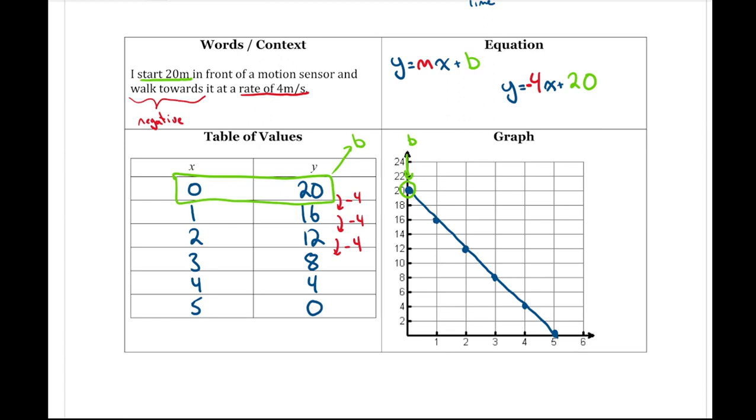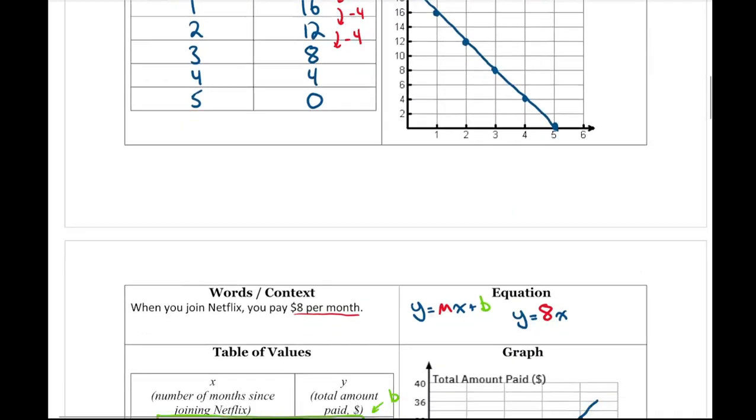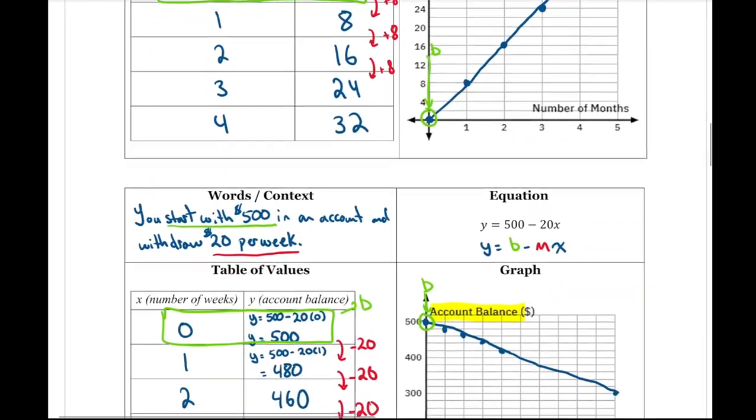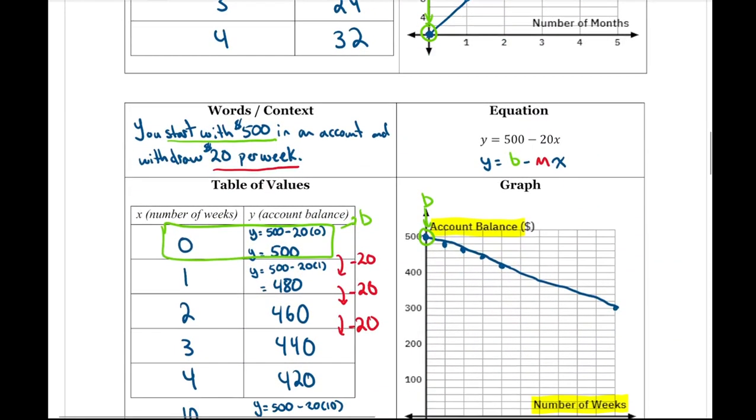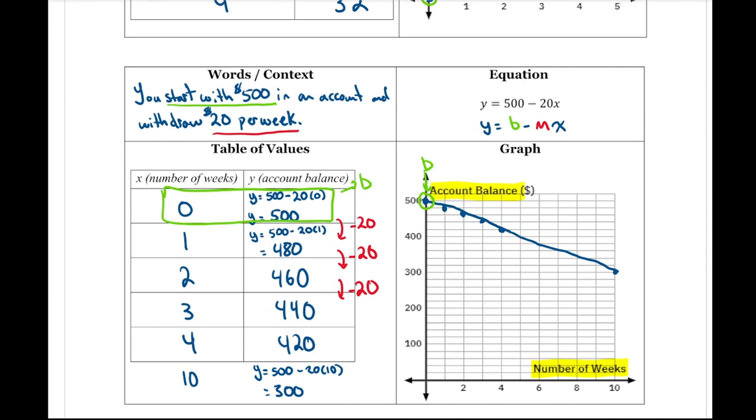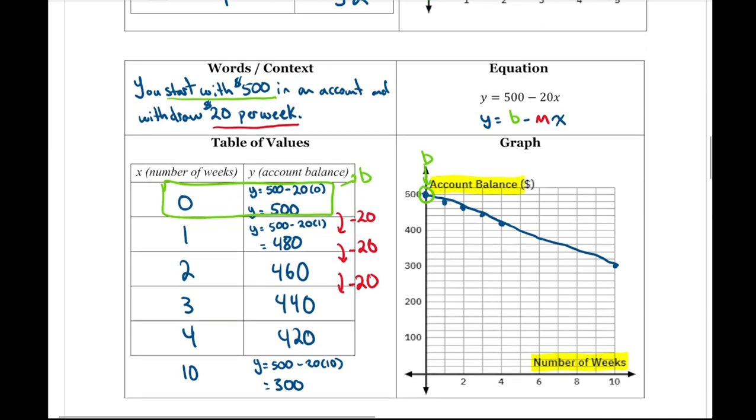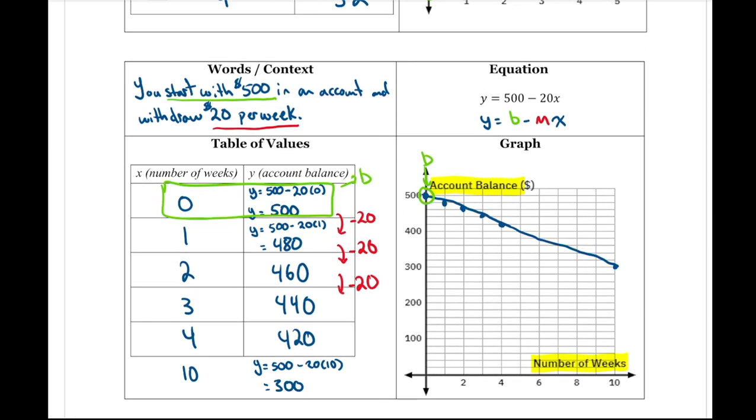So that is the new thing right now, incorporating negative rates of change or negative slopes, negative multipliers, negative m values into our equations, and just seeing that we can come up with the different representations for them, the same as we've done in the past.